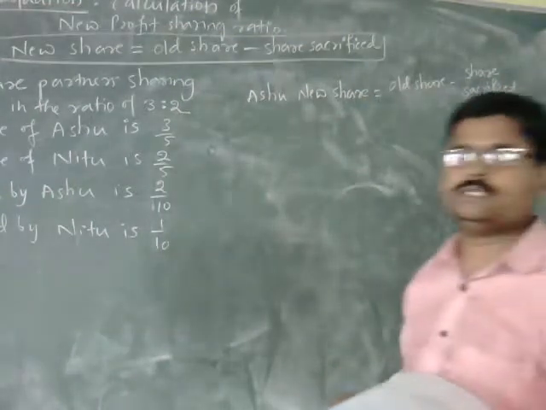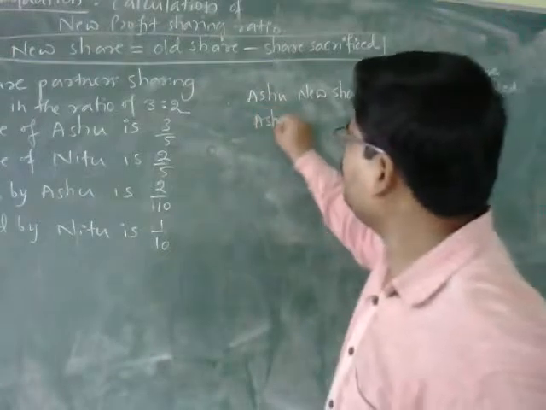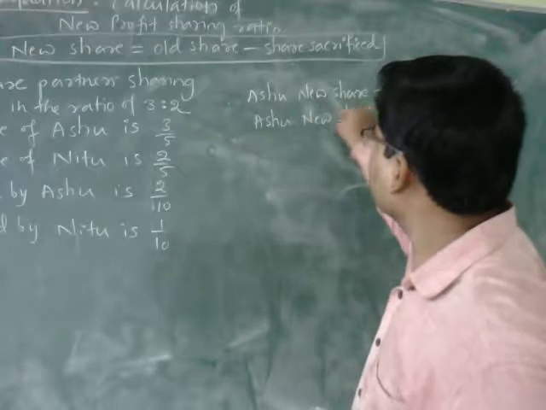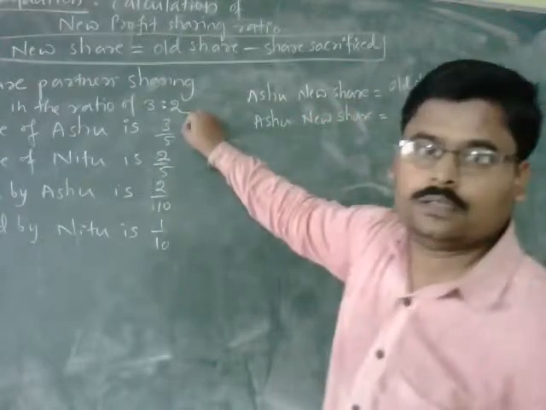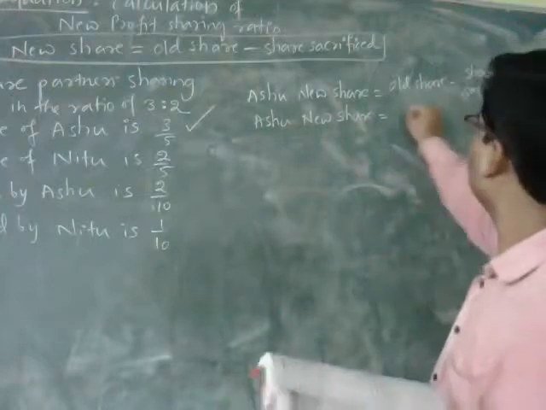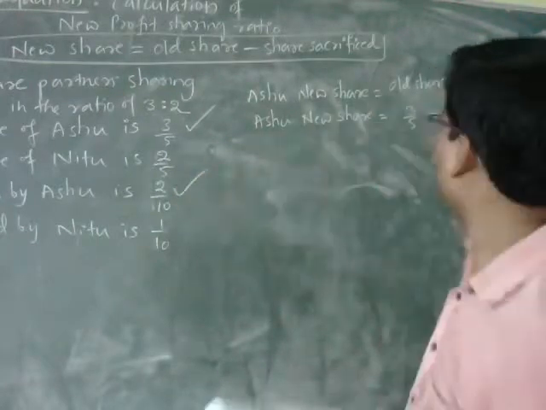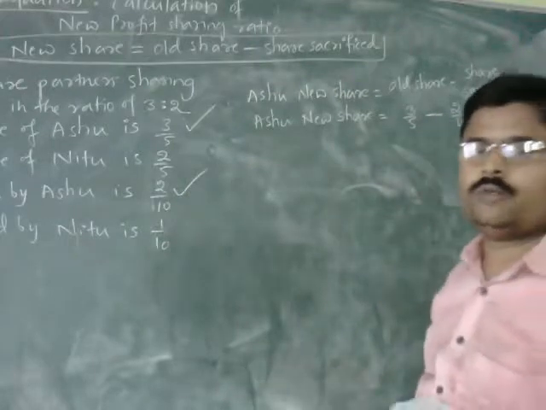Ashu's new share equals old share, which is 3 by 5, minus 2 by 10.